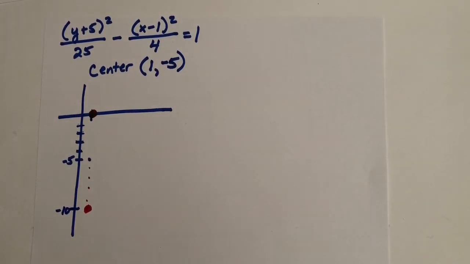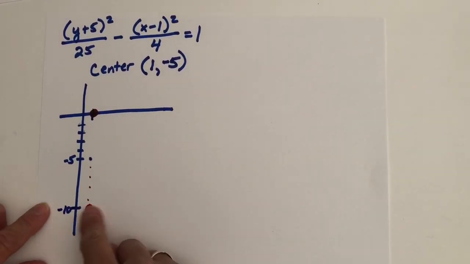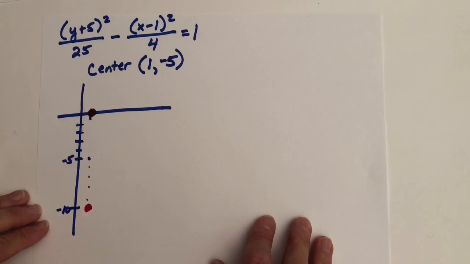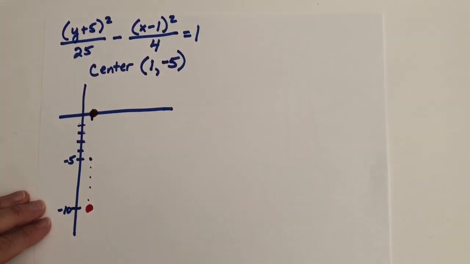But in order to have my hyperbola look right, I need the asymptotes, because they'll tell me how wide or narrow the hyperbola should be. I don't know if it's opening very wide or very narrowly, but we use this denominator to help us draw the central box, and that will allow us to draw our asymptotes accurately.